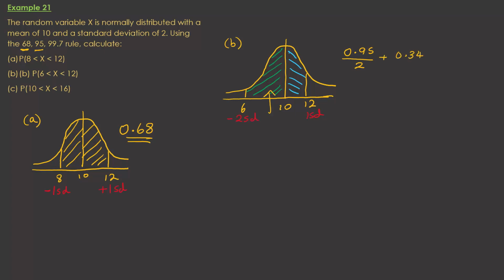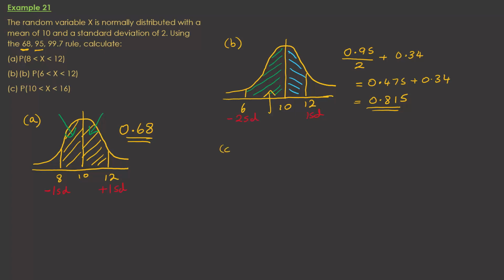It's just like in this one here. It would be 0.34 this side and 0.34 this side, making up the 0.68. So that's 0.475, add 0.34, and that gives us 0.815.